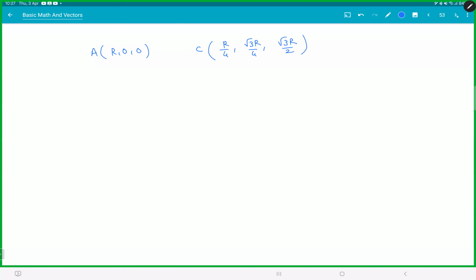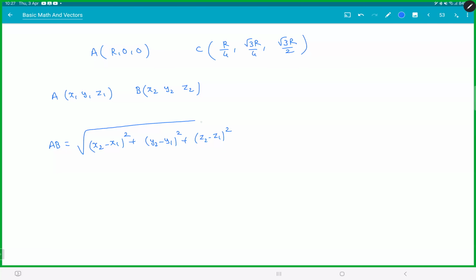Then what is the distance formula? If you have A, x1, y1, z1, and B, x2, y2, z2, I think you learned in school the 2 dimensional version. The 3 dimensional formula is similar. The distance is given by x2 minus x1 whole square plus y2 minus y1 whole square plus z2 minus z1 whole square. This is the distance between 2 points.